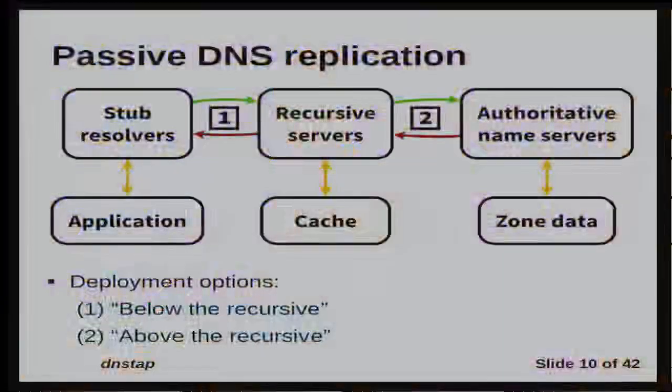And I usually divide passive DNS replication into two different deployment options, which I don't have enough time to go into in detail, but there's one which is below the recursive, up by the arrows by number 1, and then there's the above the recursive, and these two different vantage points have very different characteristics and trade-offs.